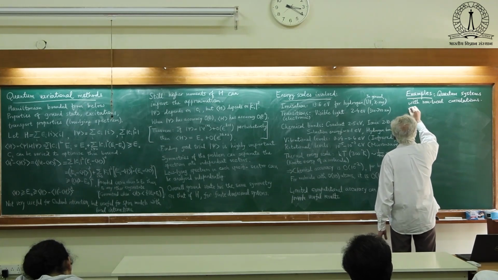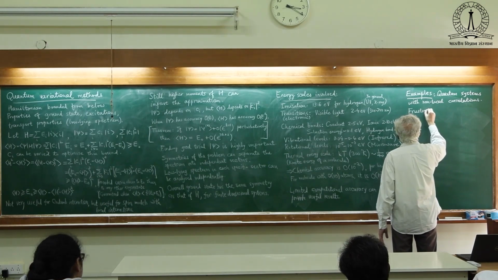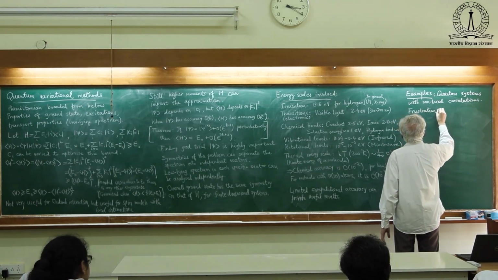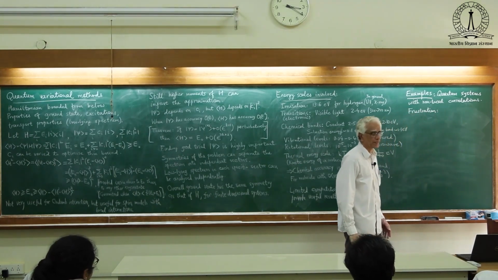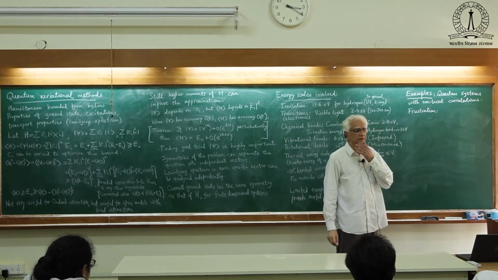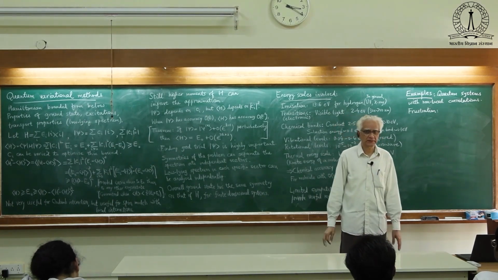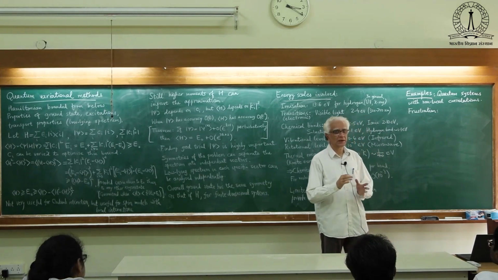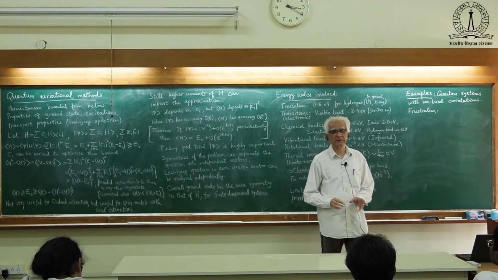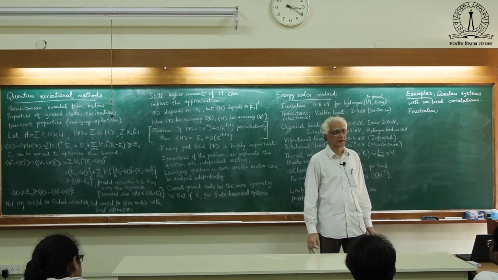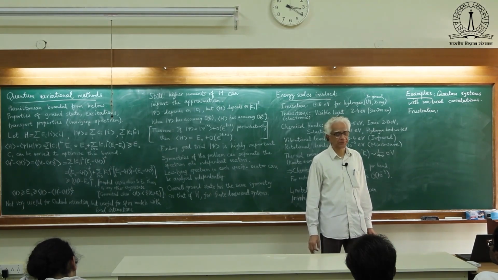So there is one label which is used, called frustration. That means you can't do a local minimization of individual degrees of freedom. You have to have a global picture.